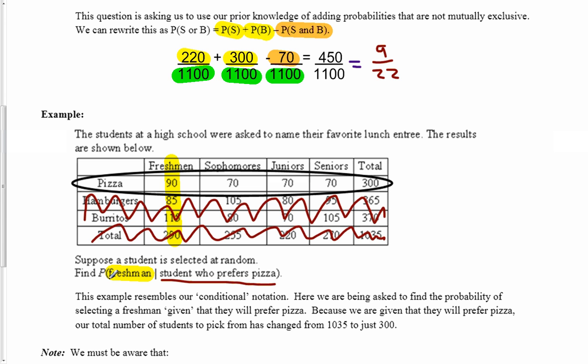So now, what is the probability that we have a freshman? Well, there's 90 freshmen here, and the total for the row, which is all we have left since we eliminated everyone else, is 300. So instead of going to that number in the bottom right, we're looking at the total for the row because we were told that it has to be a student who prefers pizza.